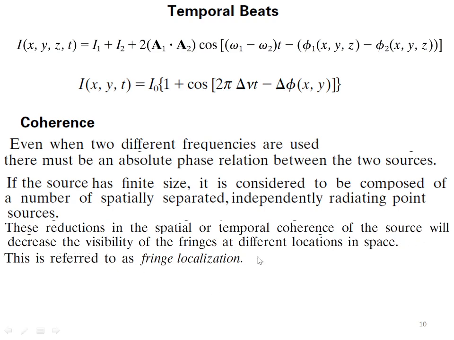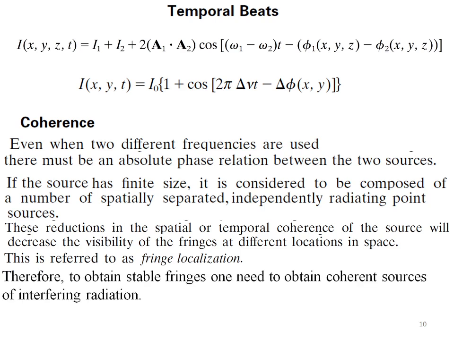The visibility of the fringes, that gamma factor, at different points on the screen will be affected, and this is what is known as fringe localization. Means at some point fringes are visible, at some other point they are not visible, and so on. That's called fringe localization. We are not going into details of this. We are right now interested in obtaining stable interference fringes on the screen.